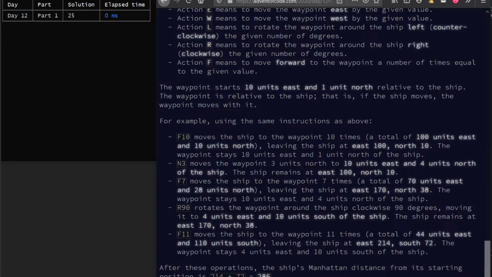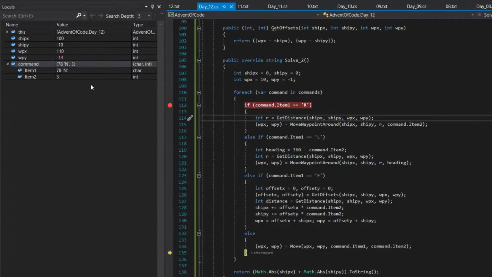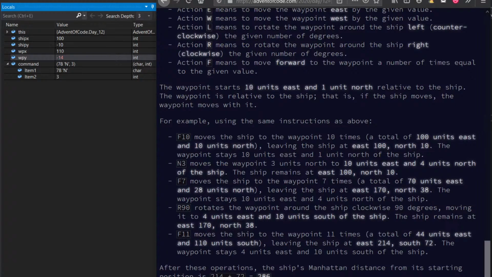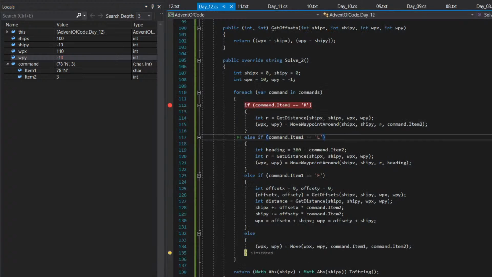The waypoint moves 3 units north to 10 units east and 4 units north of the ship. 10 units east, right, and 4 units north. Correct. Okay.